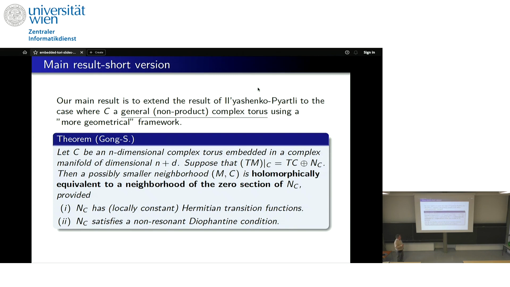The second is that the normal bundle is non-resonant Diophantine. I will explain what it means in a second. This is really a dynamical system property that involves the normal bundle, and also the way the torus is defined.